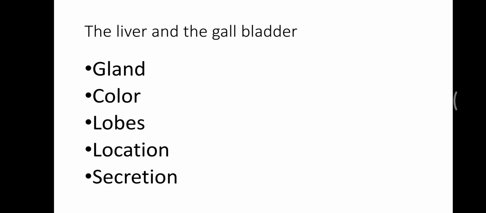So it doesn't contain any enzymes, and due to absence of enzymes it cannot digest food. So if we talk about the function of bile, we can say the function of bile is not to digest food, but it aids in the digestion of fats. It will help for the digestion of fats.